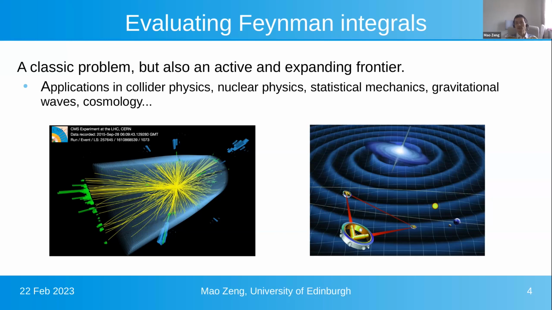And in recent years, they have also been applied to fields like gravitational wave physics and cosmology. For example, in the last few years, I've been actively exploring new methods that make predictions for gravitational wave physics using loop amplitudes from quantum field theory.